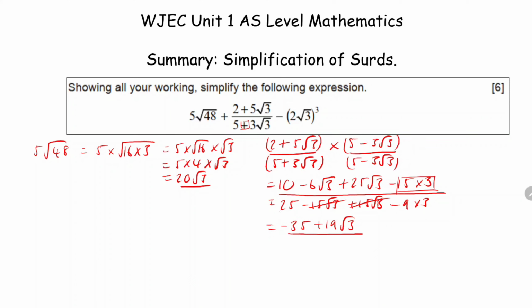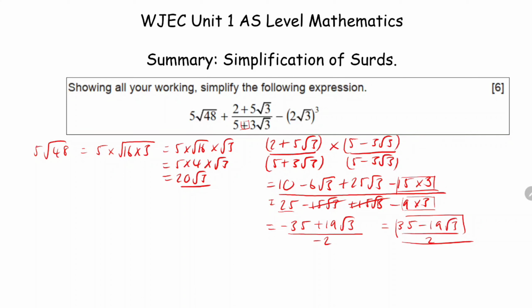The bottom is going to be 25 minus 27, which is minus 2. Now, we don't like to have a minus number at the bottom, so what we can do here is times everything, top and bottom, by minus 1, which will change it to 35 minus 19 root 3 over 2. So that's our middle term.